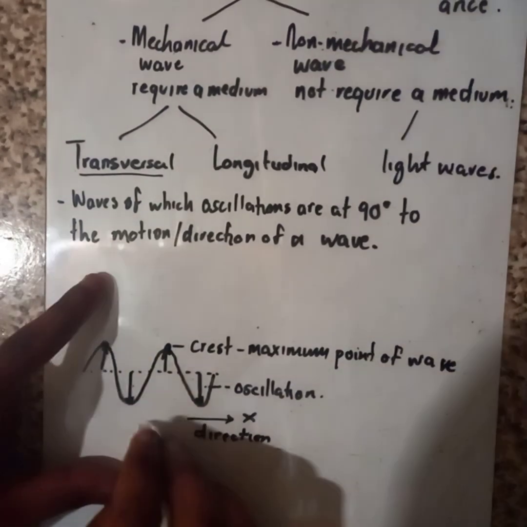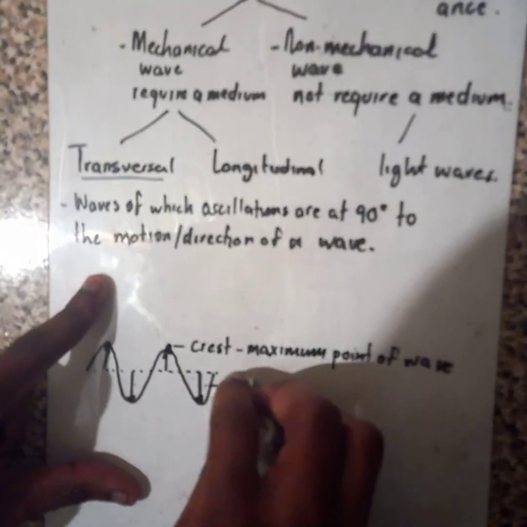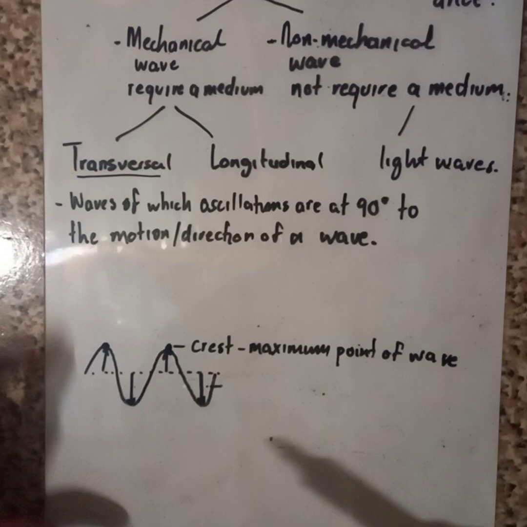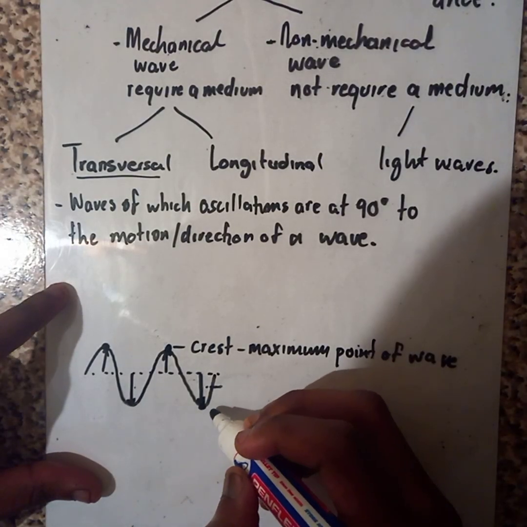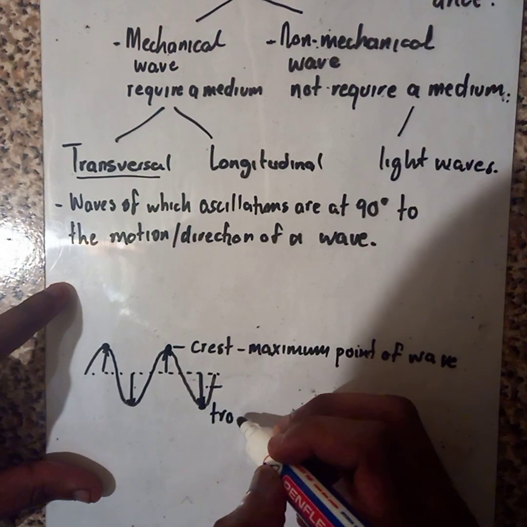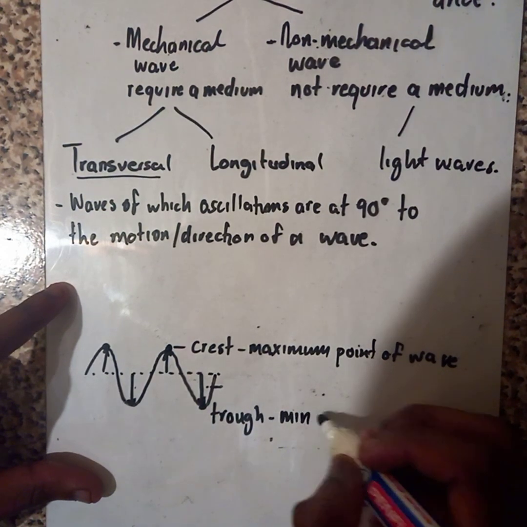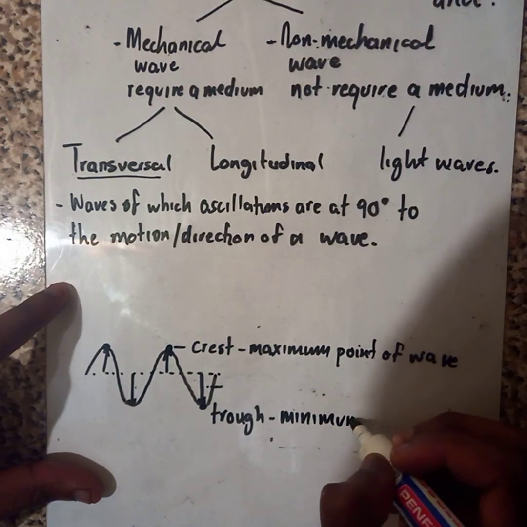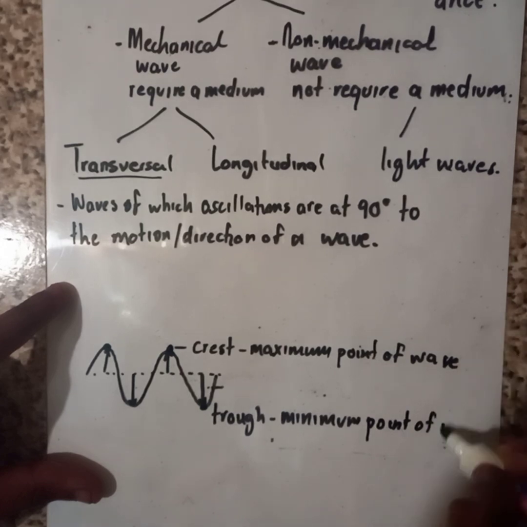We also have the minimum. We call those troughs, your minimum points of a wave.